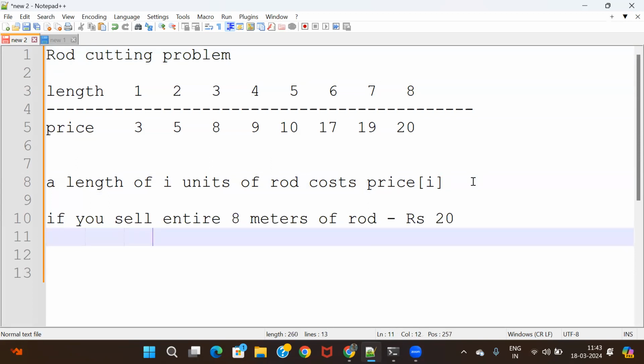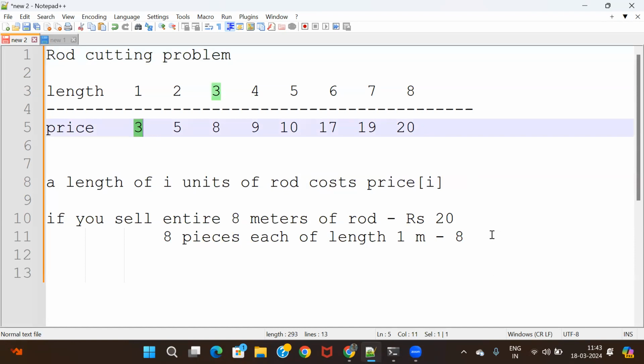If you sell 8 pieces, each of length 1 meter, then you get 8 into 3, 24 rupees.